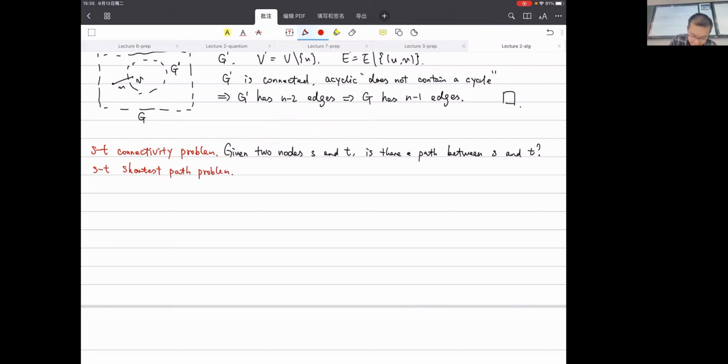For the shortest path problem, given two nodes s and t, what is the length of the shortest path between s and t?